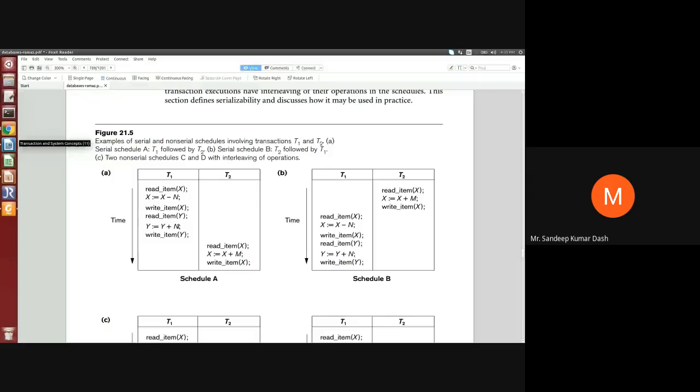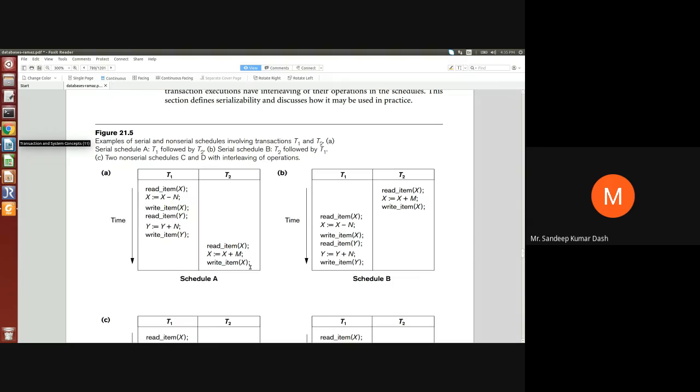Now tell me, at the end of this schedule, what will be the value of X and Y? At the end of schedule A, what will be the updated value of X and Y? X is 90 minus N, which is 3, that is 87.